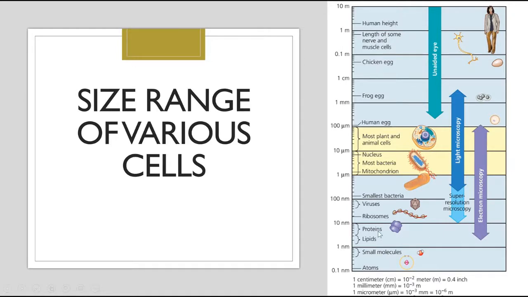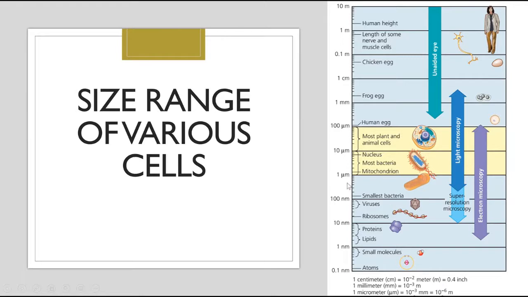With powerful microscopes, we can see proteins, lipids, and viruses. The smallest bacteria or smallest cell is about 100 nanometers, so even here we cannot see through a light microscope, the microscopes present in the laboratory. We can observe bacteria only through the electron microscope or a higher resolution microscope.